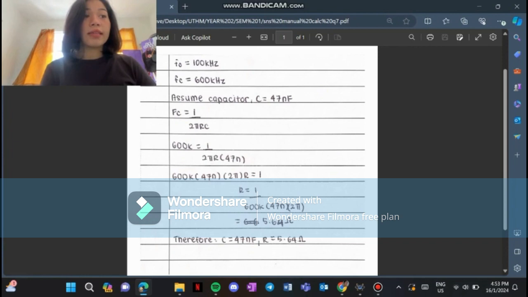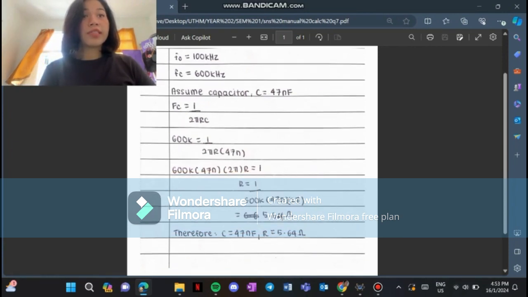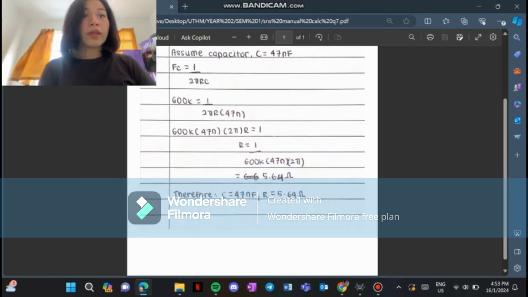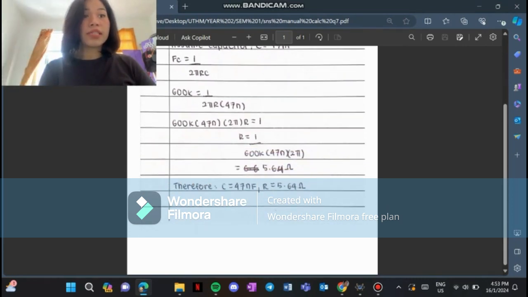Using the formula FC equals 1 over 2 pi RC, we get the value for R, which is 5.64 ohm. Therefore, our capacitor is 47 nanofarad and the resistor is 5.64 ohm.